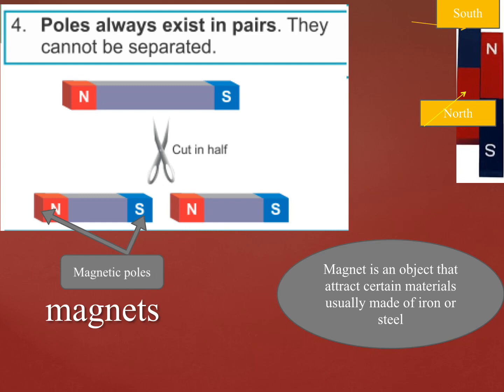As you can see in front of you, a magnet has two poles, or you can say a magnet has two ends. One of these ends is called south, the other one is called north. A magnet's force is strongest at the poles.